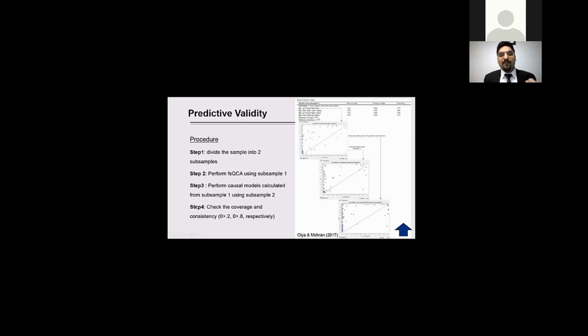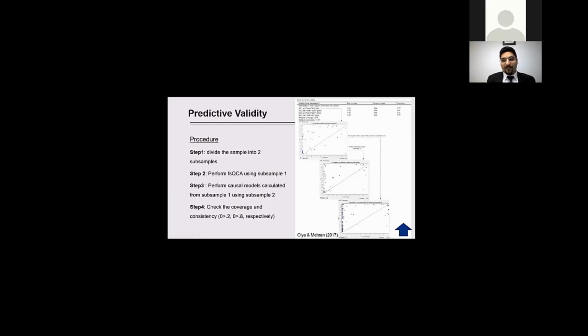If we come up with a high level of consistency and coverage, with the cutoff levels of 0.8 and 0.2 respectively for consistency and coverage, then you can claim that this configural model has predictive validity.